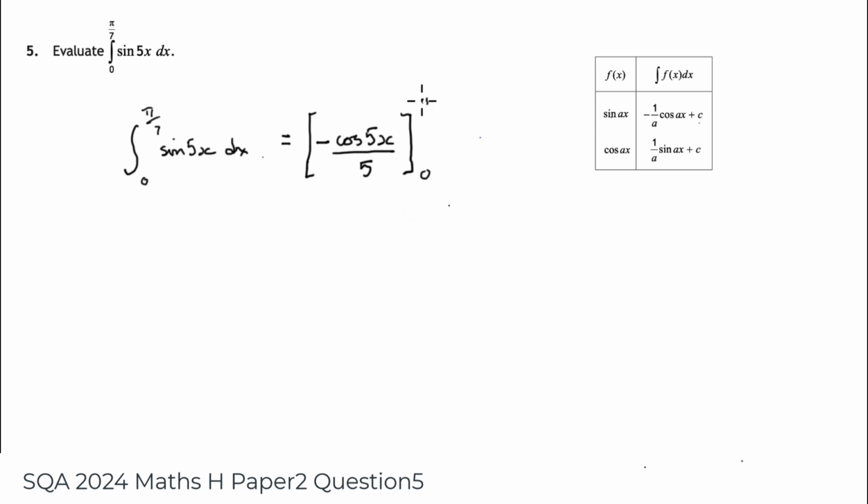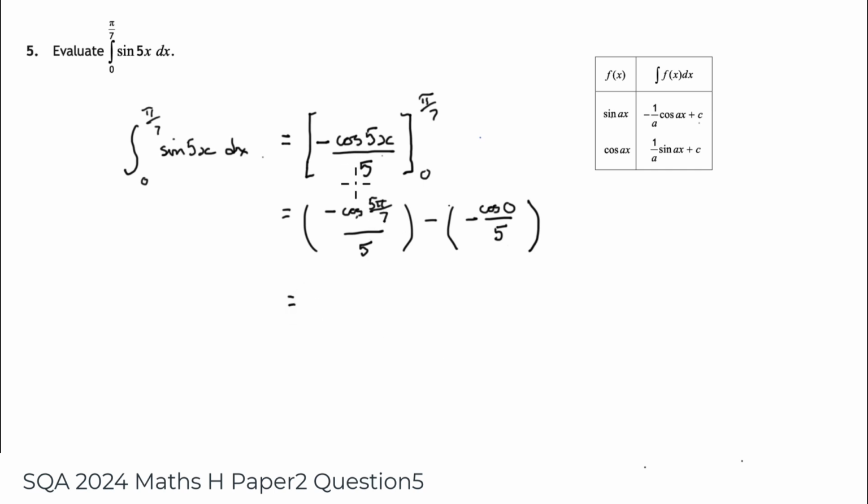We have a lower limit and an upper limit. And what these limits mean is we have to plug in pi upon 7 into this and then subtract what we get when we plug 0 into this. So this pi upon 7 goes in, so it's cosine of 5 times pi upon 7, that's 5 pi upon 7, divided by 5, minus negative cosine of 5 times 0 over 5.